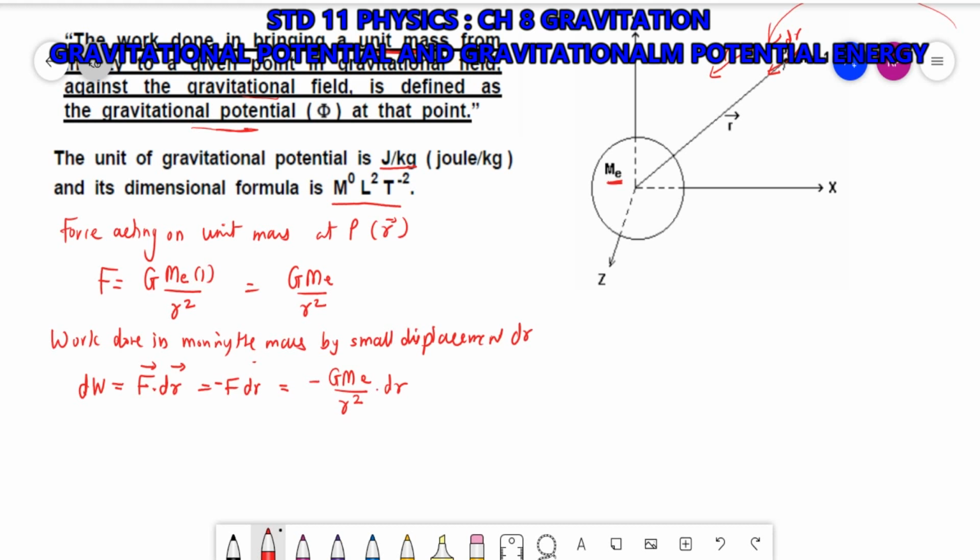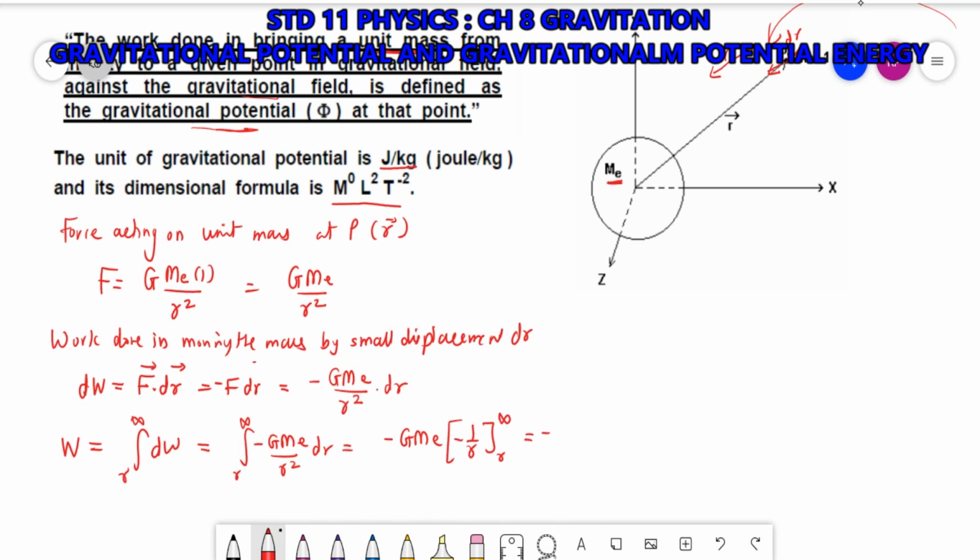So the total work done W will be the integration of dW, from r to infinity, because we are moving the mass from this point to infinity. So that will be equal to integral from r to infinity of minus G Me by r square dr. G Me is constant. Integration of 1 by r square is minus 1 by r from r to infinity.